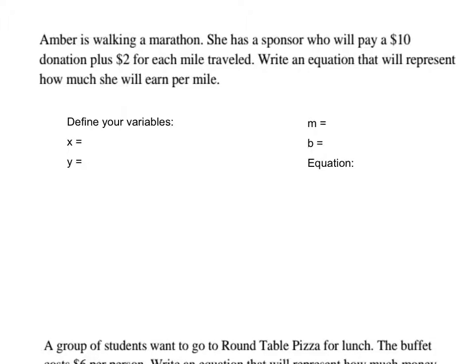Write an equation that will represent how much she will earn per mile. That's not really right. We know how much she's going to earn per mile. We want to know how much she's going to earn total, right? Depending on how many miles that she walks. Okay. So the variables x and y.